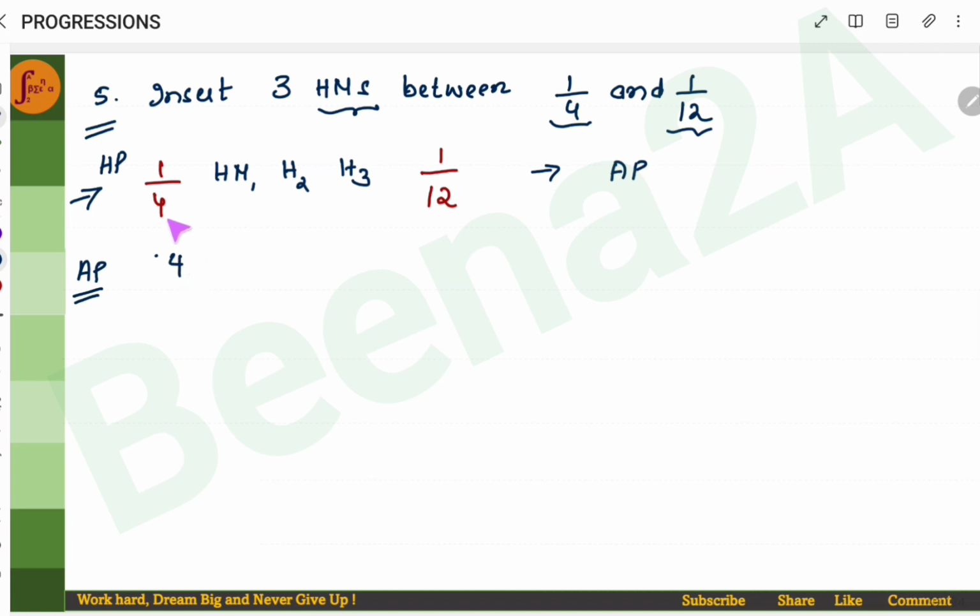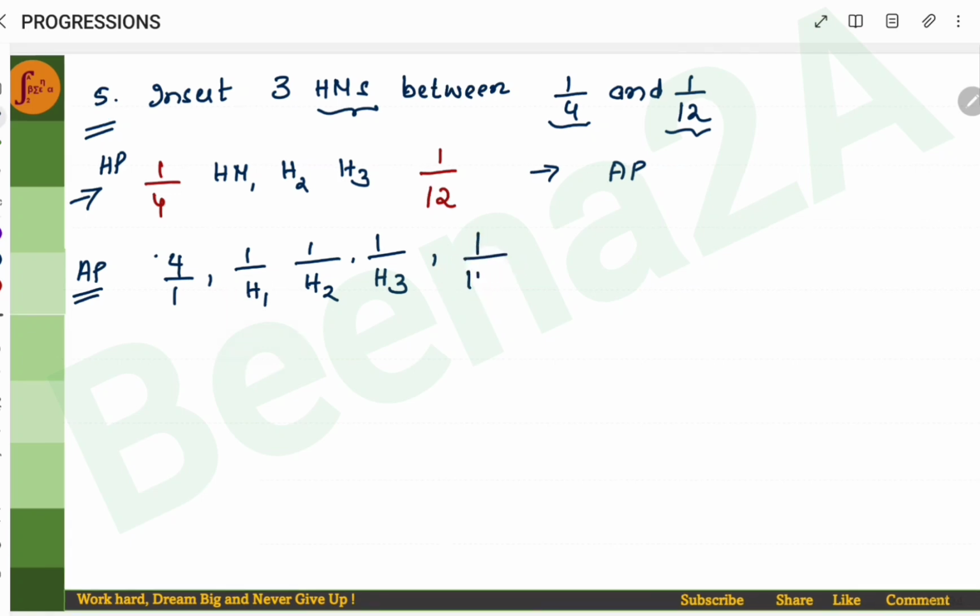So 1 by 4 will become 4 by 1. This will be 1 by HM1, 1 by H2, 1 by H3, and this is 1 by H4, which is equal to 1 by 12, and this is the first term.